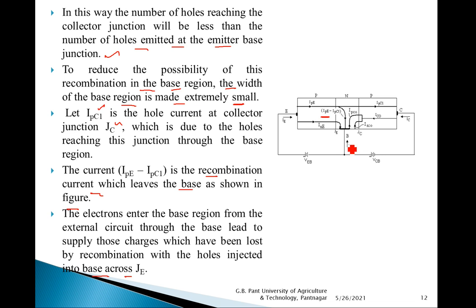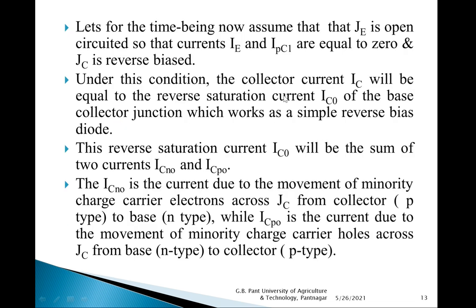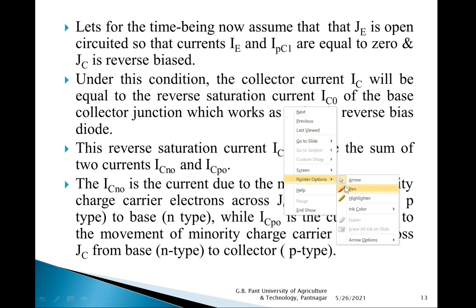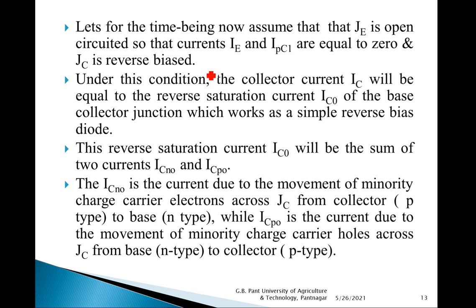So coming on to the next point. For the time being, assume that JE is open circuited, that is the emitter junction is open circuited, so that the currents IE and IPC1 are equal to 0 and JC is reverse biased.